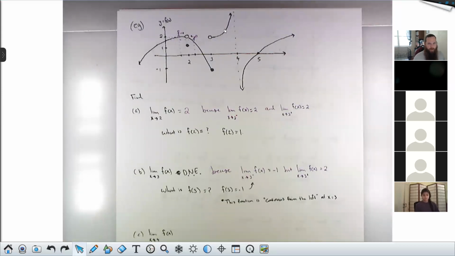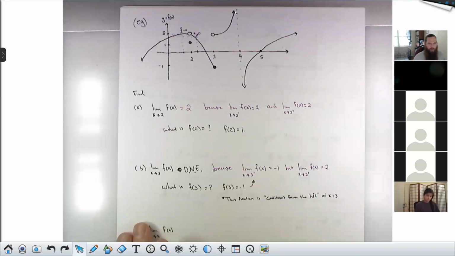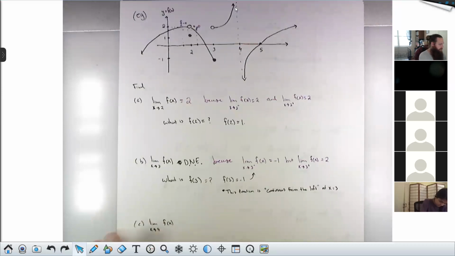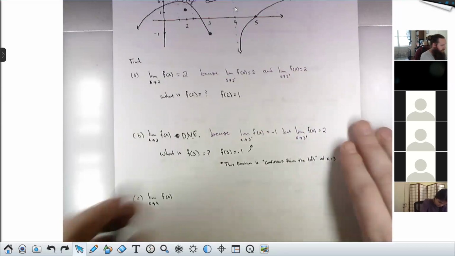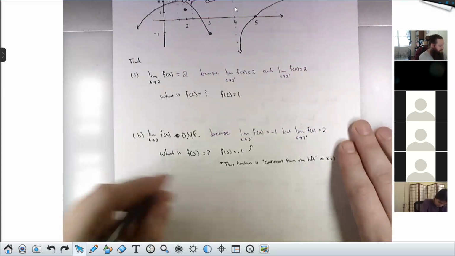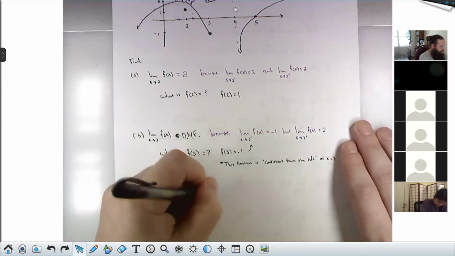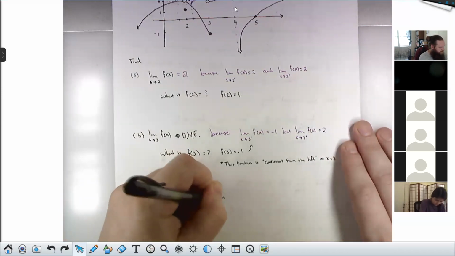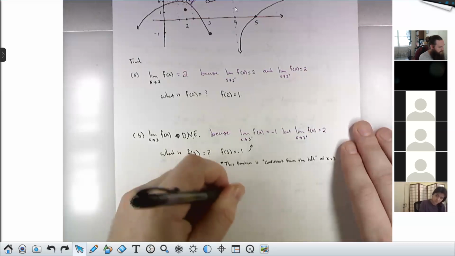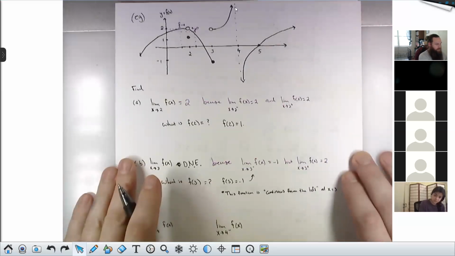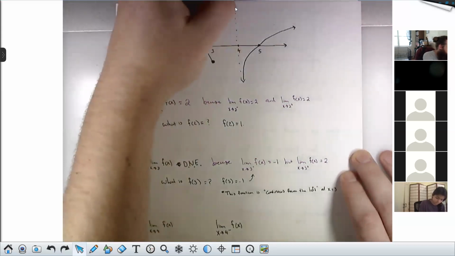The next thing I want to look at is what goes on at x equals 4. And in this case, we have a vertical asymptote. So as my x values get closer and closer to 4 from the left, let's look at the one-sided limits. Those y values just go up and up and up.